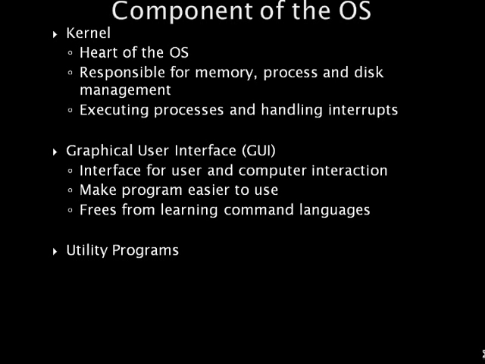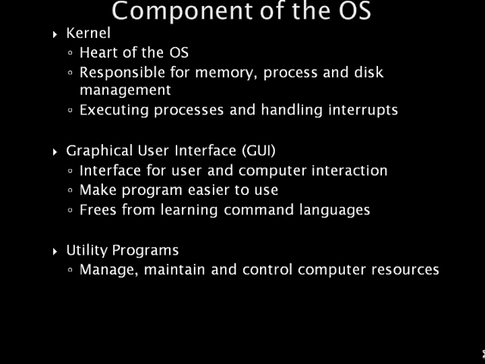However, the operating system usually comes accompanied by small programs that do some specific tasks. Utility programs help manage, maintain, and control computer resources. These programs are available to help you with the day-to-day tasks associated with personal computing and to keep your system running at peak performance.